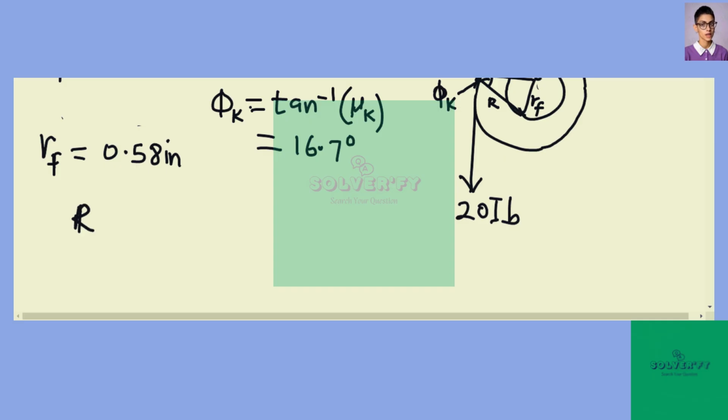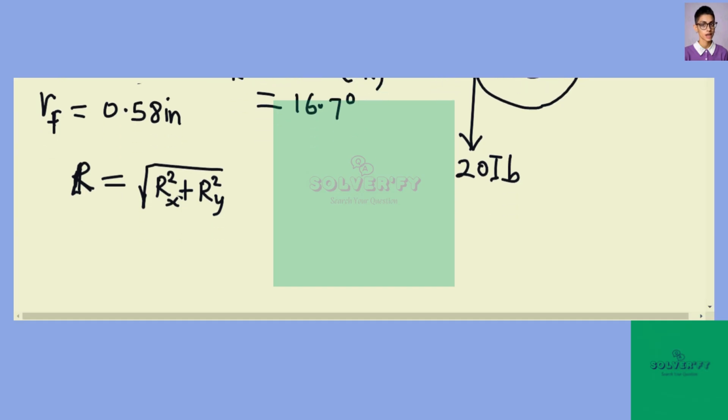From Pythagoras' theorem, we have R as a resultant force, equal to the root of the sum of the squares of its components, Rx and Ry. With this in mind, we can forge ahead because we now know what the components look like.